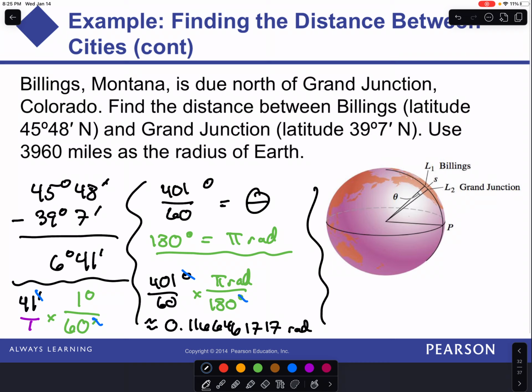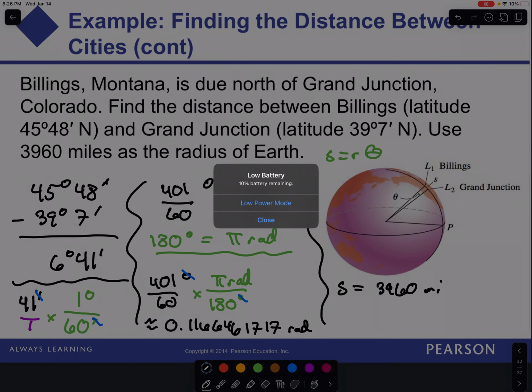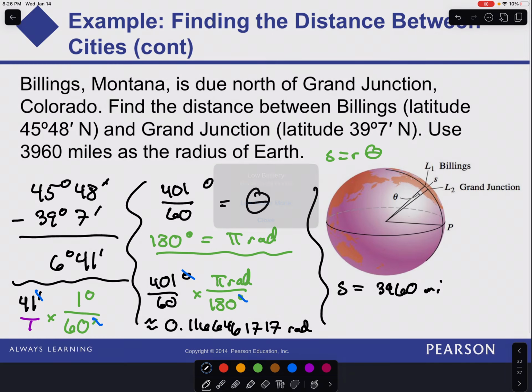Almost there. And again, now I think we're ready to use S equals R theta. So the arc length S is our R, which is the 3960 miles, times, I'm just going to reference this as star.